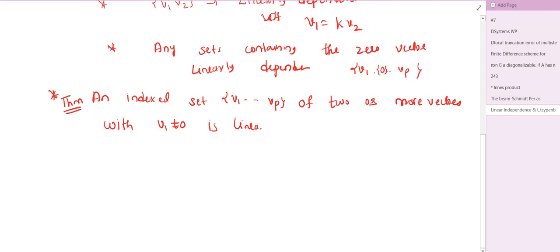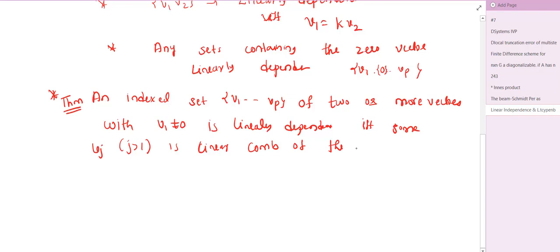It is linearly dependent if and only if some vj, with j greater than 1, is a linear combination of the preceding vectors, v1 to vj minus 1.